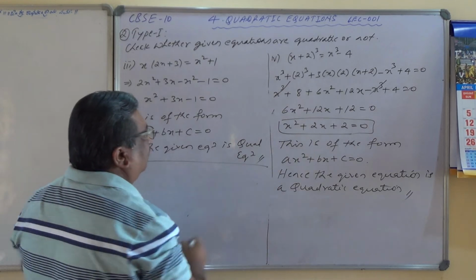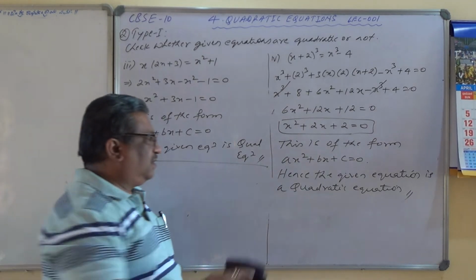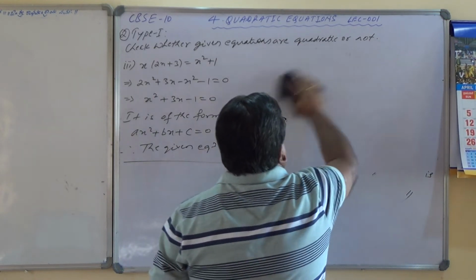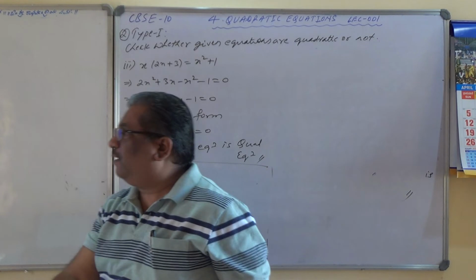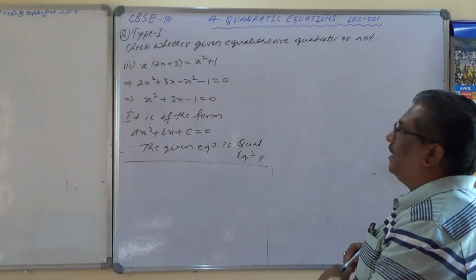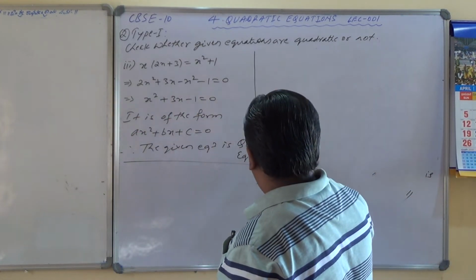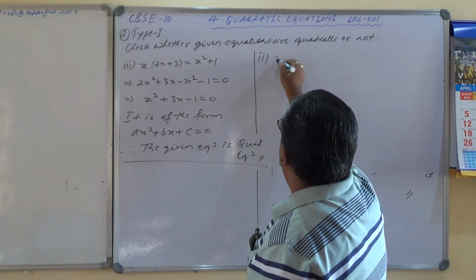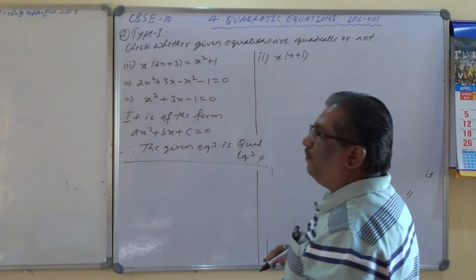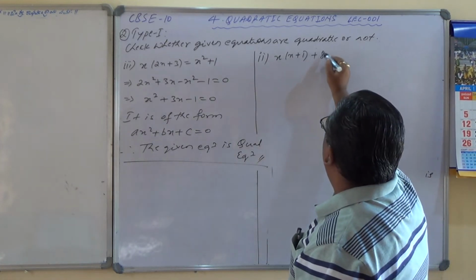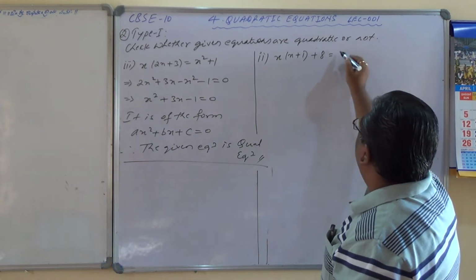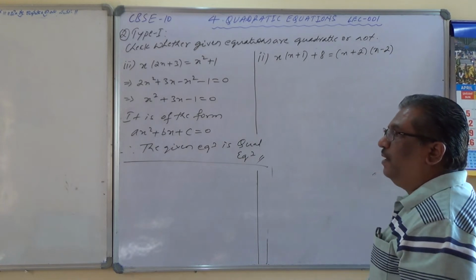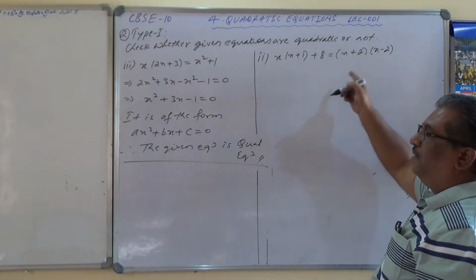Next one. Let me take which are not quadratic equations, which is important also. So same textbook example only I'll take. One more. This is the second one. Example 2, sub question 2. x into x plus 1 plus 8 equals x plus 2 into x minus 2.